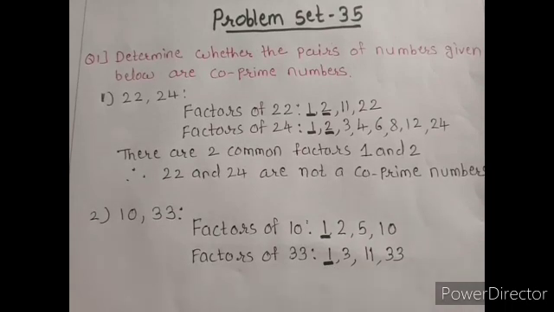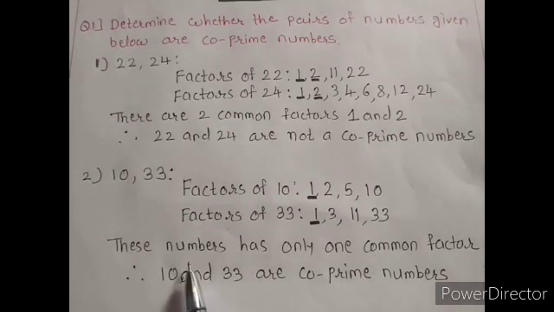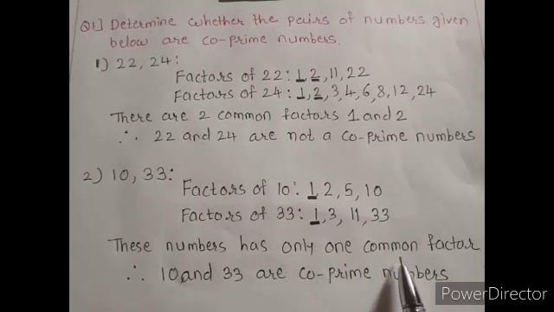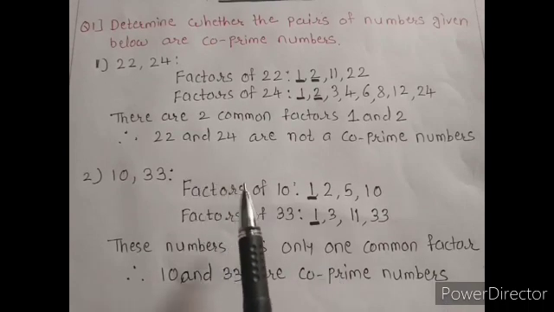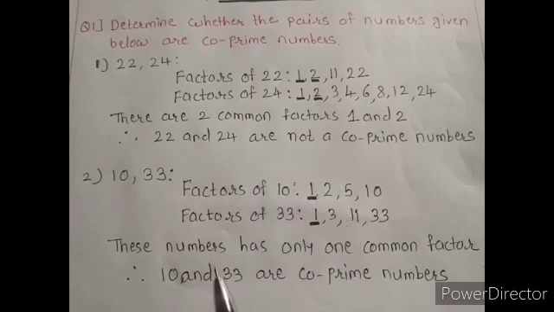So therefore 10 and 33 are co-prime numbers. So write down the answer. These numbers have only one common factor. So therefore 10 and 33 are co-prime numbers. Understood how to find whether the numbers are co-prime or not. So remaining examples from problem set 35 you will solve in your notebook.